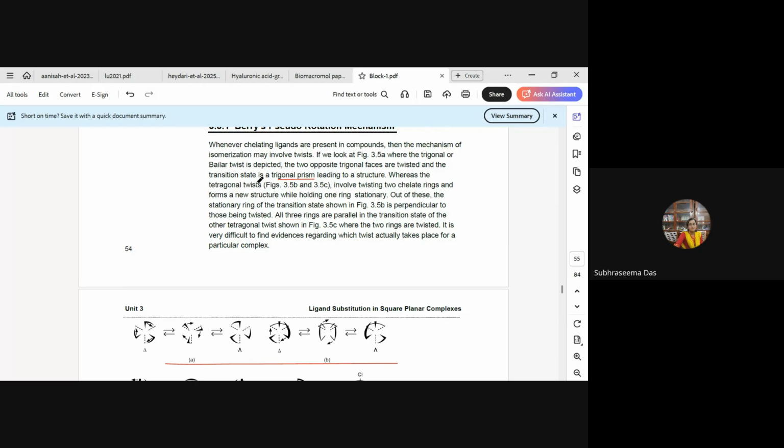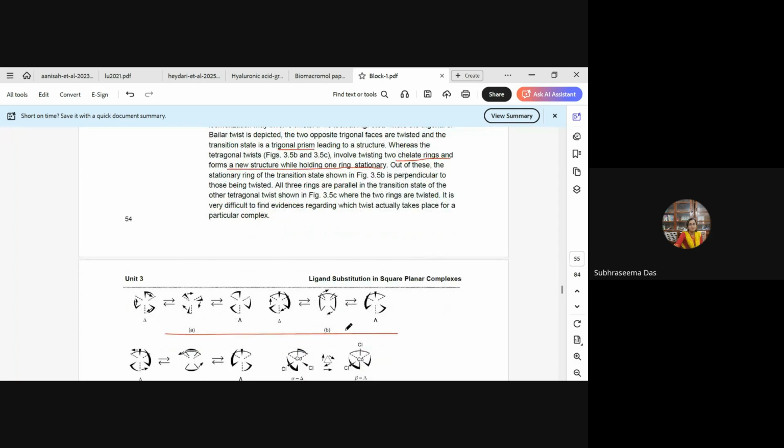When we talk of a tetragonal twist, it involves two chelate rings and forms a new structure while holding one ring stationary. The stationary ring in the transition state, shown in figure 3.5b, is perpendicular to those being twisted, and all three rings are parallel in the transition state.